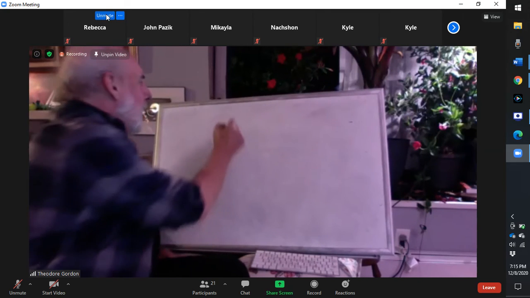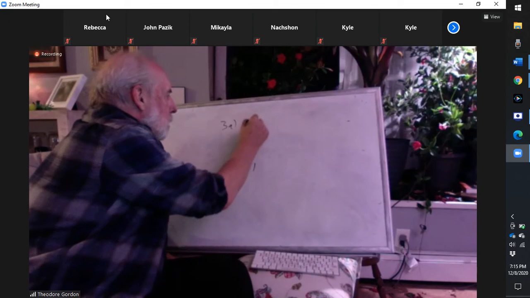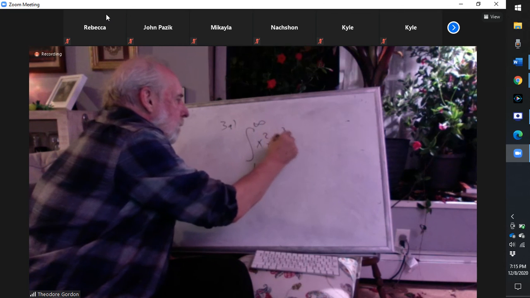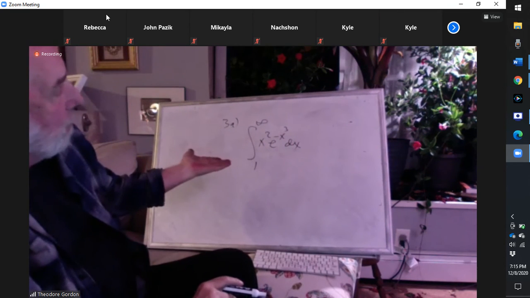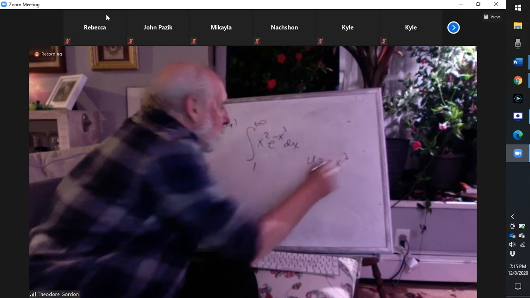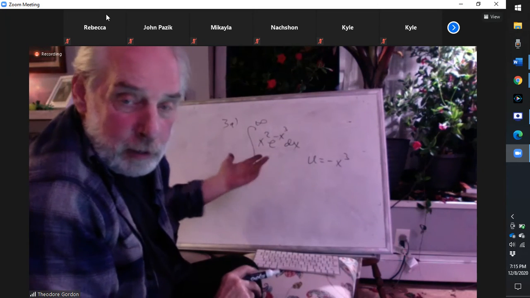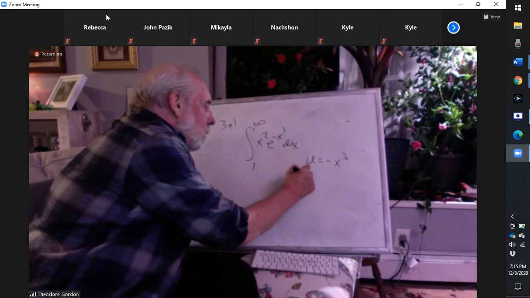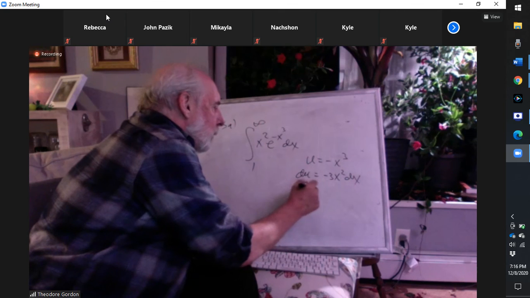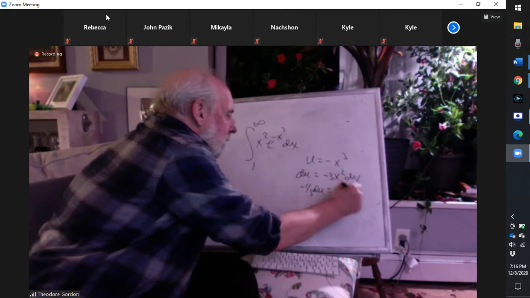So for number 3A, we're looking at this integral. You replace the n's with x's and we have this integral. So here we have u is equal to negative x cubed. Oh, we haven't done u substitution in a long time. This seems like stuff from prehistoric ages doing integrals, doesn't it? Then we do du, and that will give us negative 3x squared dx. So that will give us negative 1/3 du is equal to x squared dx.